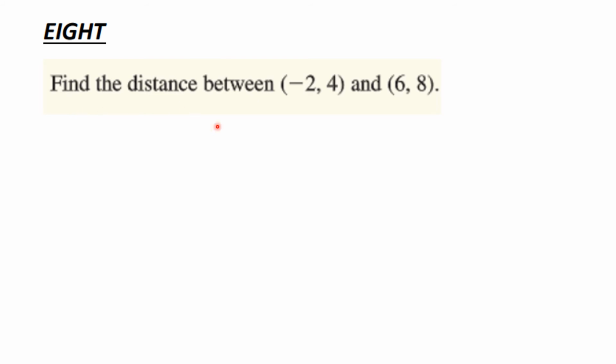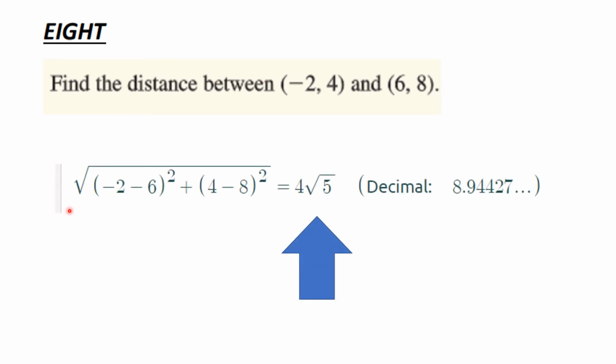Here, you were to find the distance between these 2 points. I am not going to tell you what the distance formula is. You're supposed to know the distance formula going into the exam. So that's one thing you want to keep in mind: you have to memorize some things in this class. The distance formula, you apply it here.